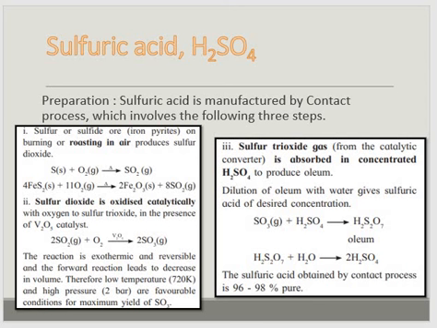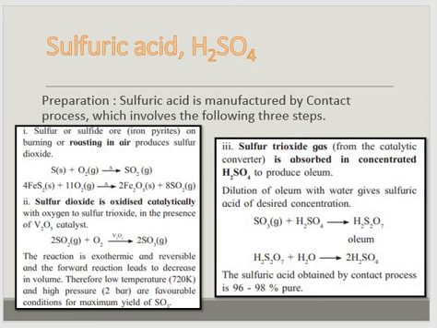The catalyst used is vanadium pentoxide, V2O5. SO2 will react with O2 in presence of V2O5 to give you SO3. The reaction is exothermic and reversible, and the forward reaction leads to a decrease in volume. Therefore, low temperature and high pressure are favorable conditions for maximum yield of sulfur trioxide.